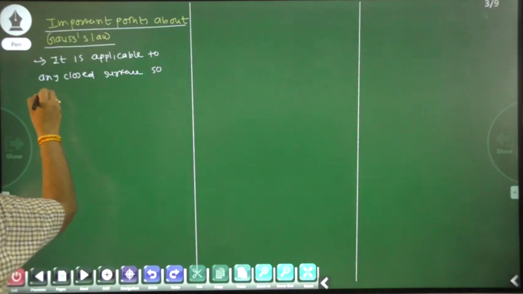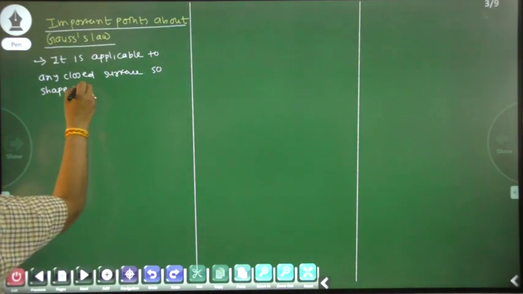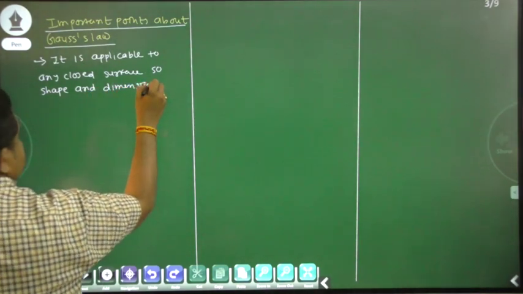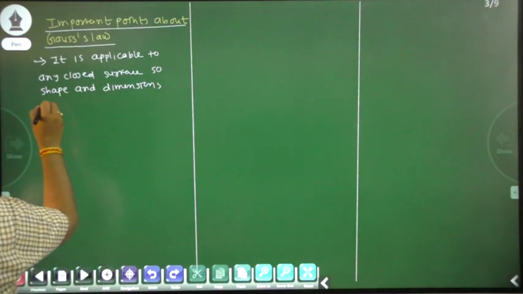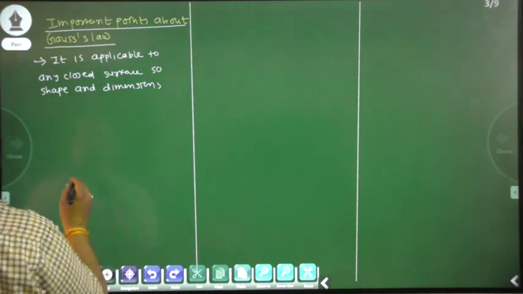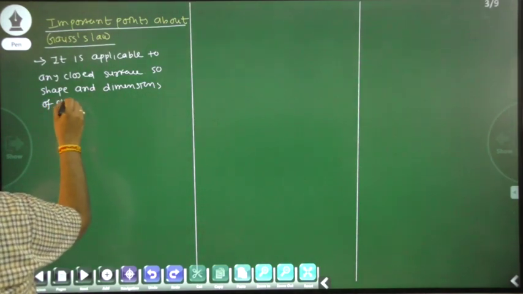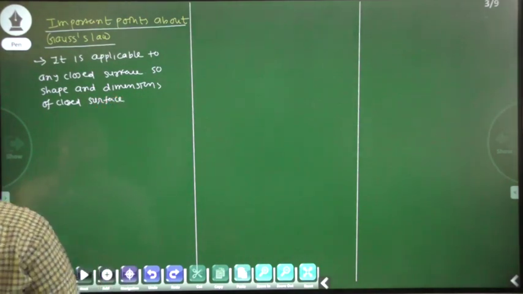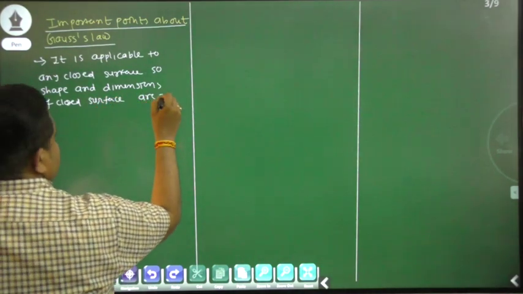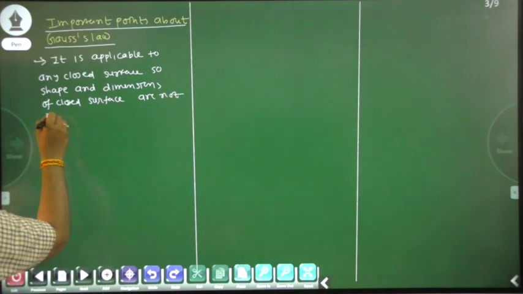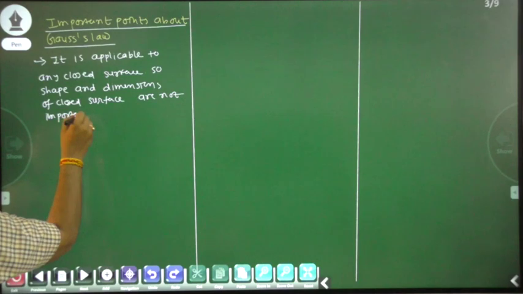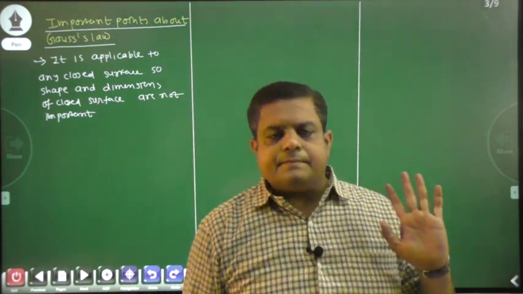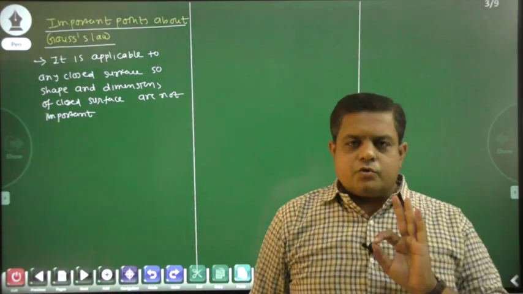So shape and dimensions of the closed surface are not important. Okay, the only thing is it should be a closed surface.